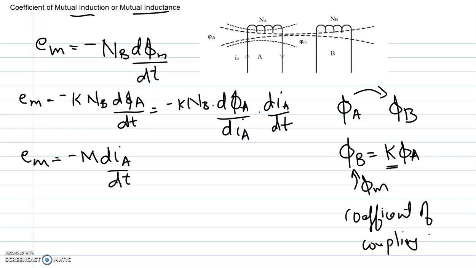All these things we have done because we have done a similar derivation in the earlier case also. So effectively you can write M is nothing but K NB into d phi A divided by dIA, where M is known as the coefficient of mutual induction or mutual inductance between the coil A and B.